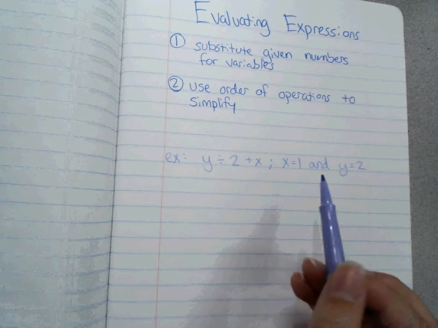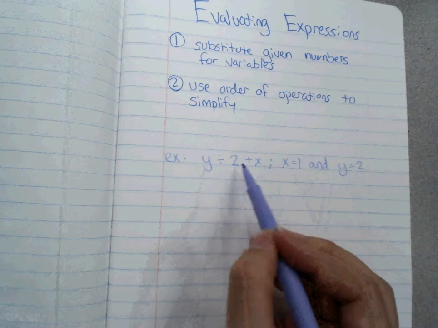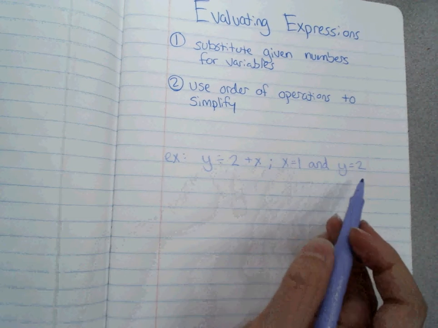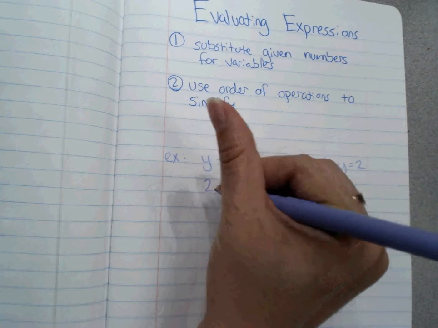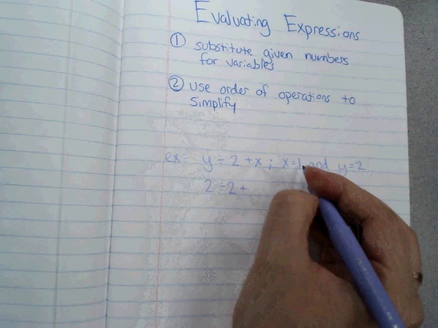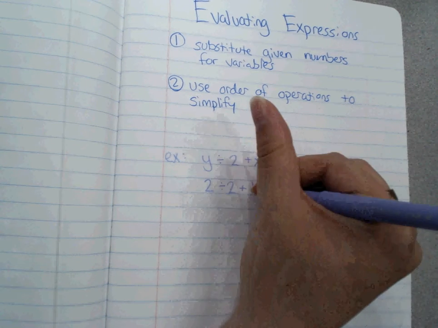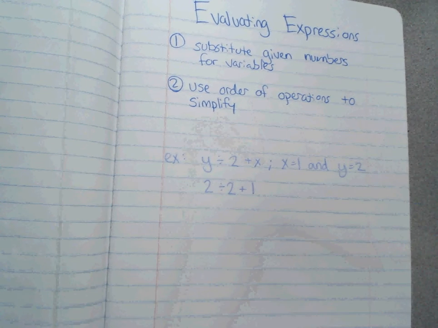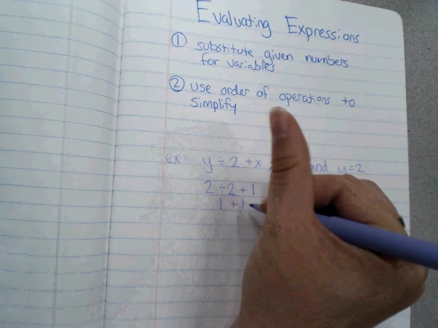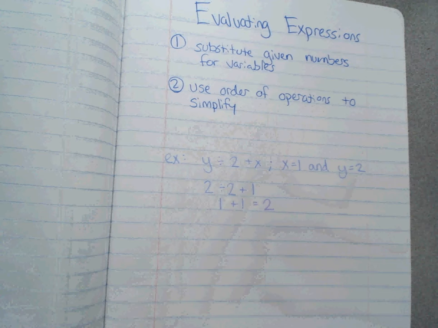Instead of using x and y in our expression, we're going to replace them with these values. Y is 2, so we replace that with 2. So it turns into 2 divided by 2 plus, and instead of x, we replace it with 1 because x equals 1. And then just solve. Order of operations, divide first. 2 divided by 2 is 1. And we get 1 plus 1. So at the end, we get 2.